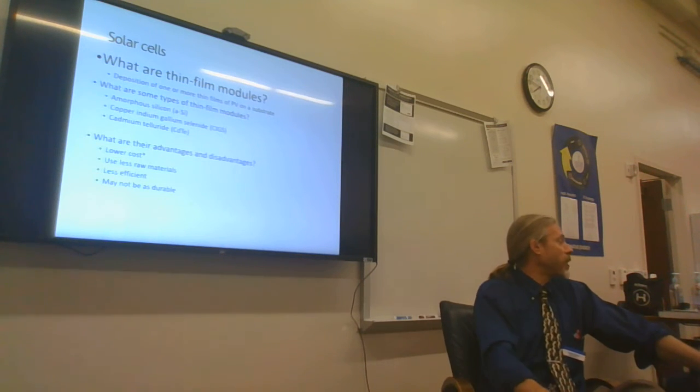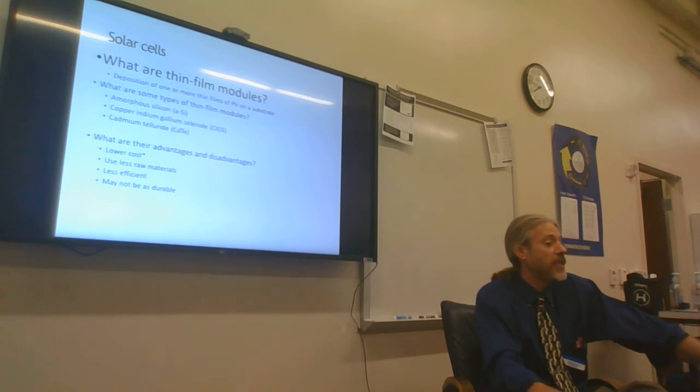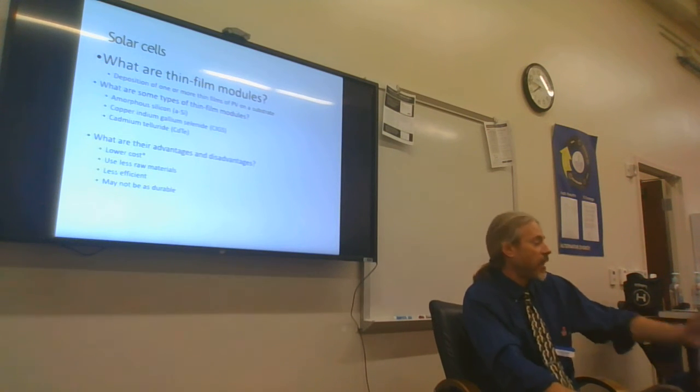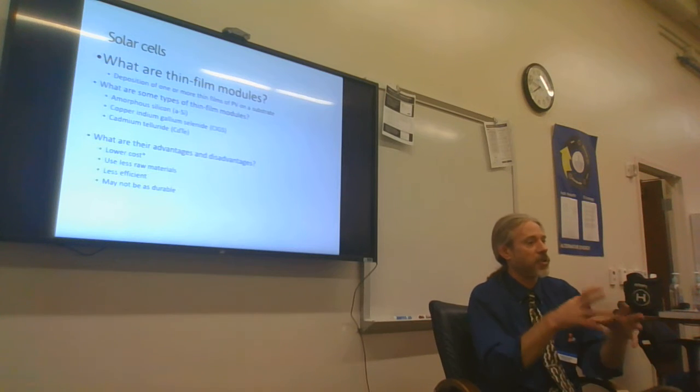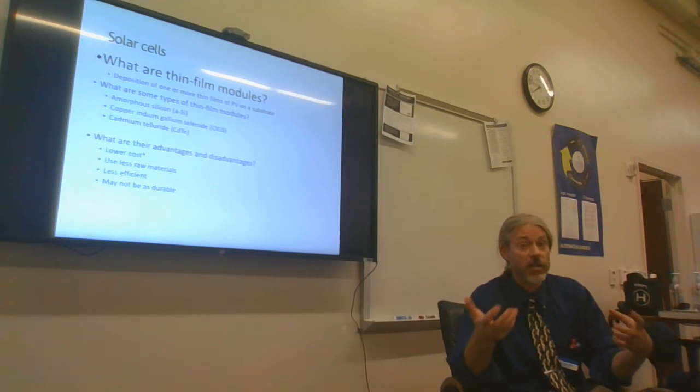So thin film modules can be printed out of a variety of materials: amorphous silicon, copper indium gallium selenide, cadmium telluride. There's even some materials now called perovskites, which is basically a chemical that is printed, but it naturally forms this structural shape that increases the surface area.